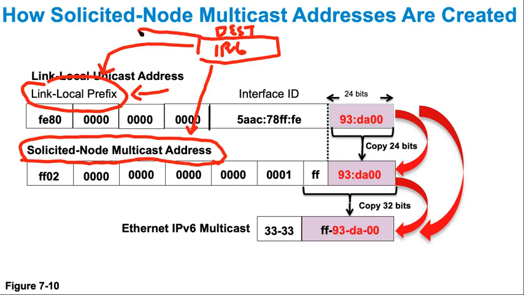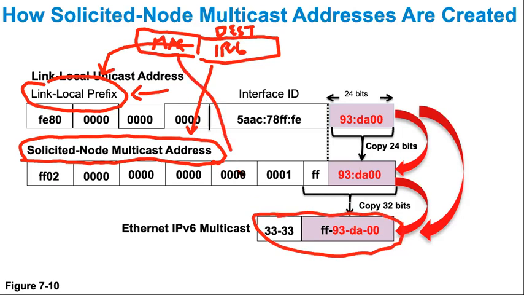This is encapsulated in an Ethernet frame with a destination MAC address, and I will accept anything with this destination MAC address. A lot of arrows here. Because I know that these last 24 bits here might belong in the Ethernet destination MAC address. Chances are it belongs to one of my unicast addresses.